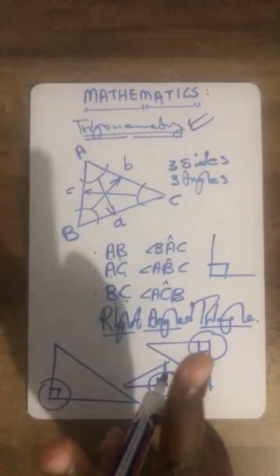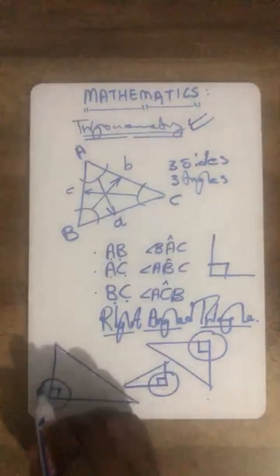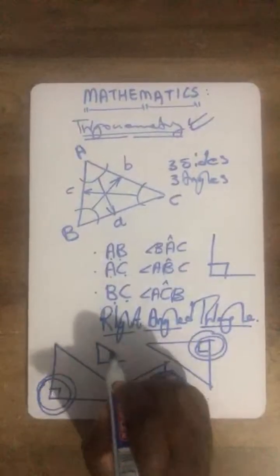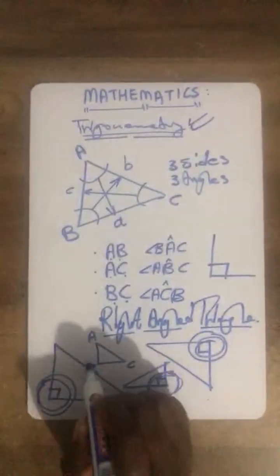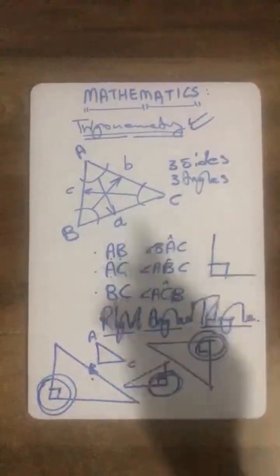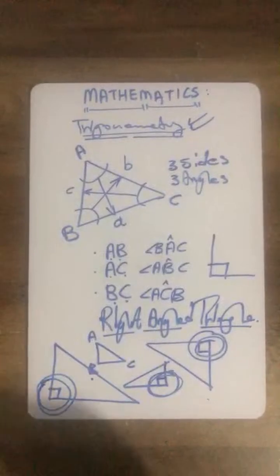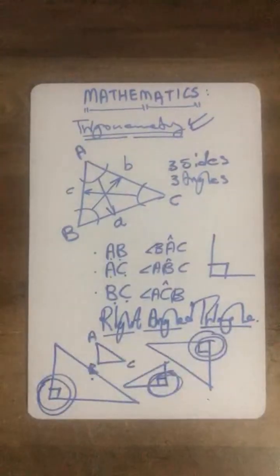So that means there are two ways in which you can know if you are dealing with a right angled triangle. Number one, you will see that. Number two, they can say in triangle ABC, angle B is 90 degrees in a statement, which means you can be told in a statement, or otherwise it can be represented by that 90-degree mark.